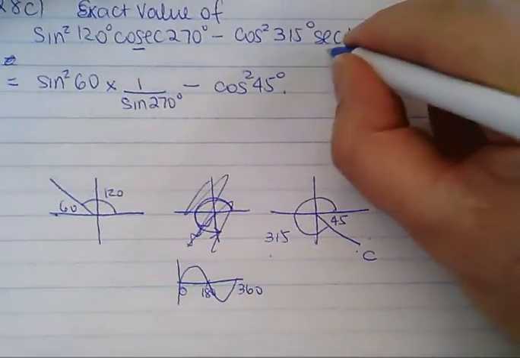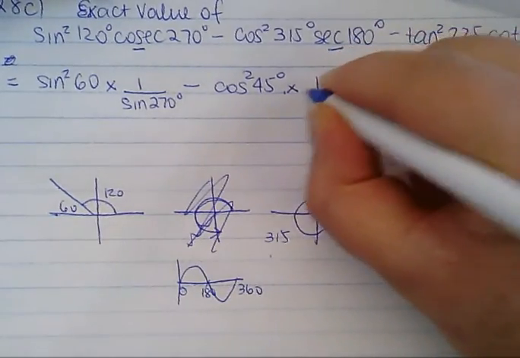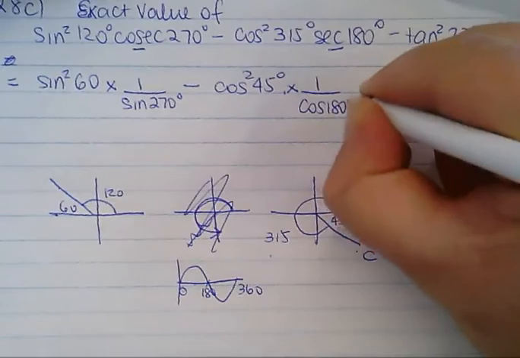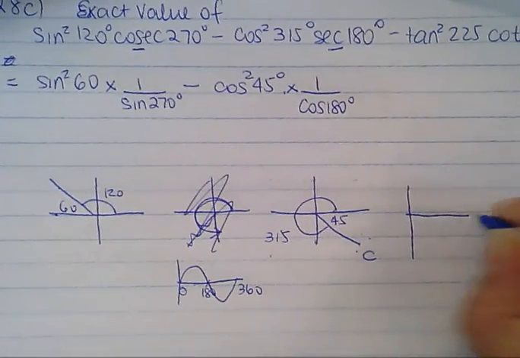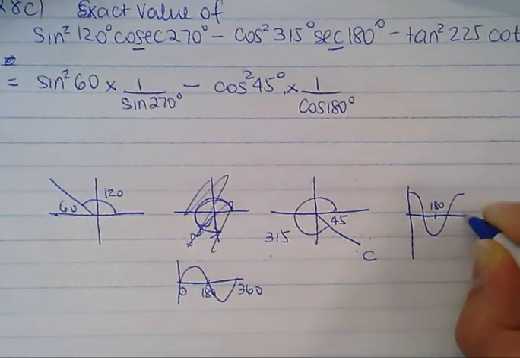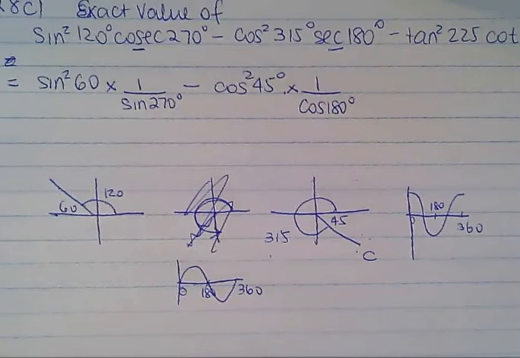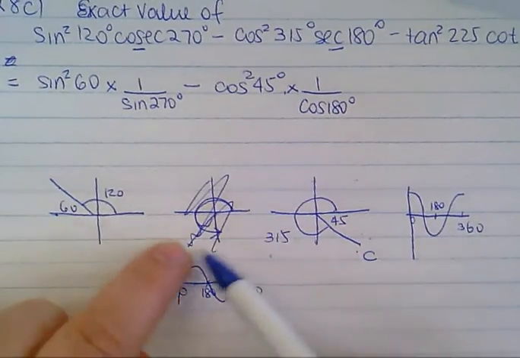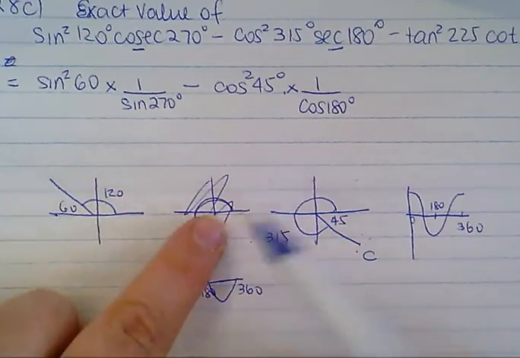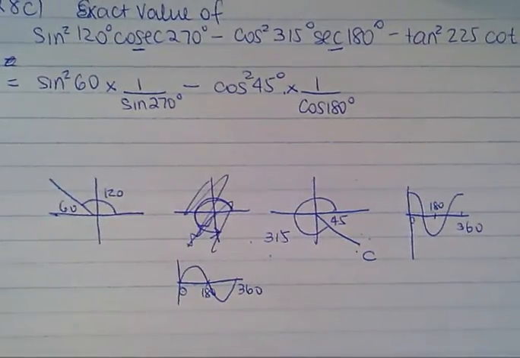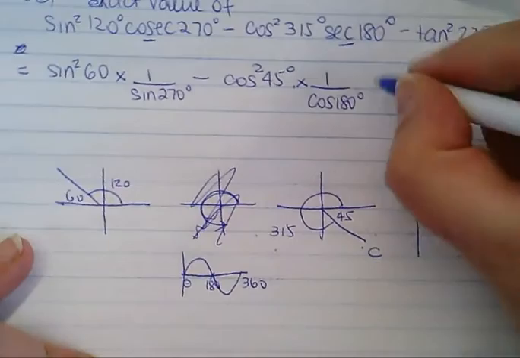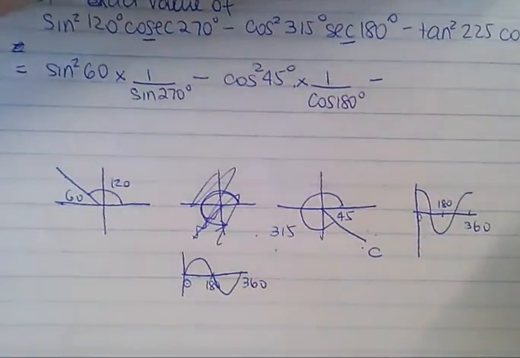Sec of 180 is the same as 1 over cos of 180. To do 1 over cos of 180, you draw the cos curve. You always draw the cos curve or sine curve for angles of 0, 90, 180, 270, 360, because if you try and draw the 4 quadrants, it sits on one of the borders of the quadrants.